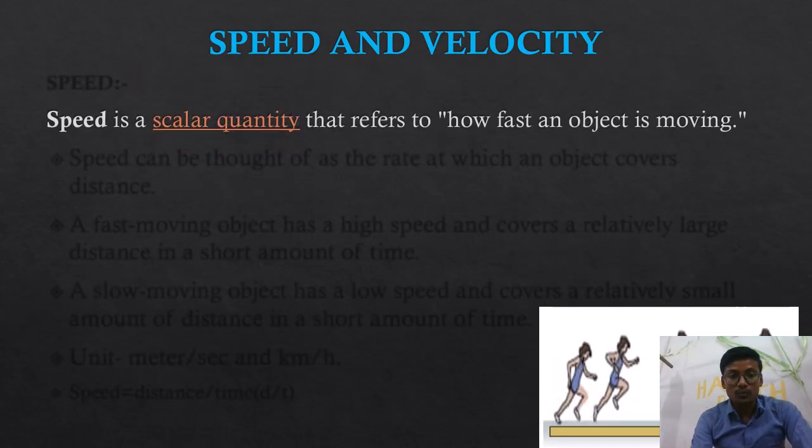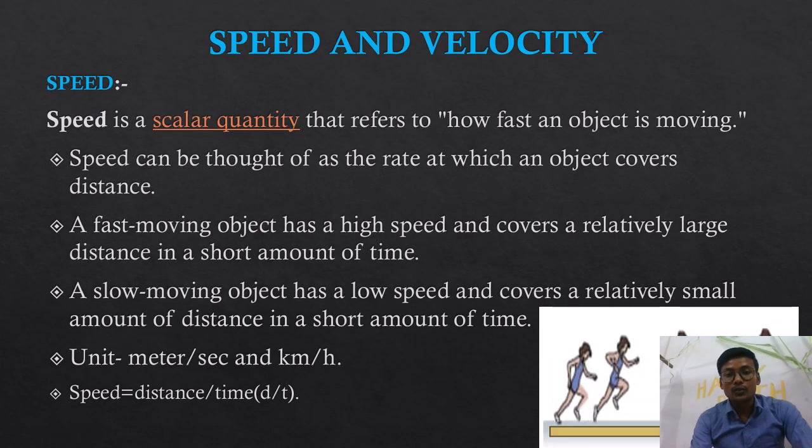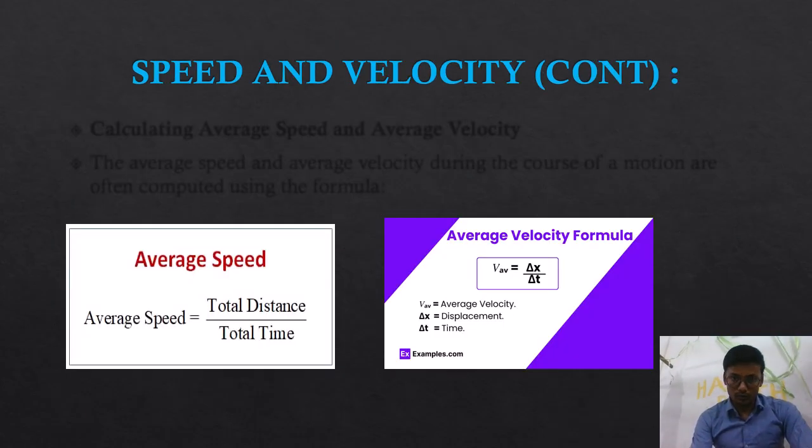So speed and velocity. What is speed and what is velocity? Speed is how fast an object is moving. The unit of speed is meter per second or kilometer per hour. How to measure speed? The formula is speed equals distance divided by time taken. You can see the speed formula, total distance by total time.